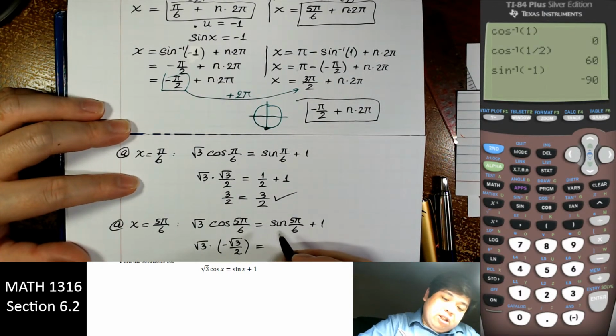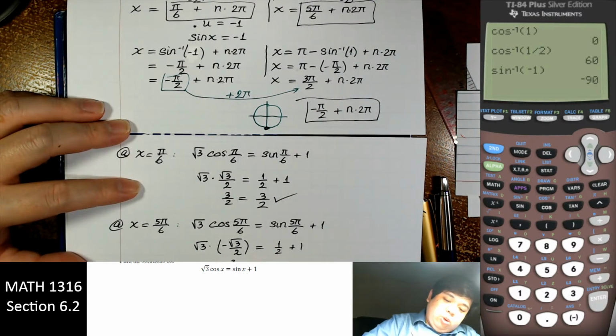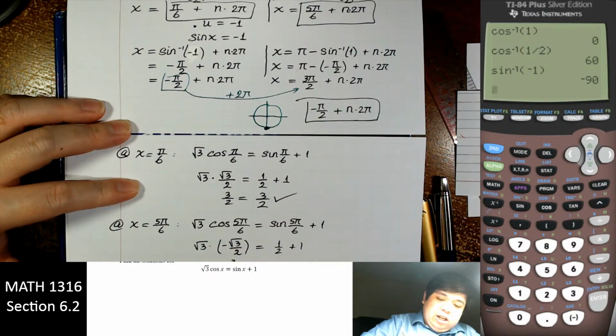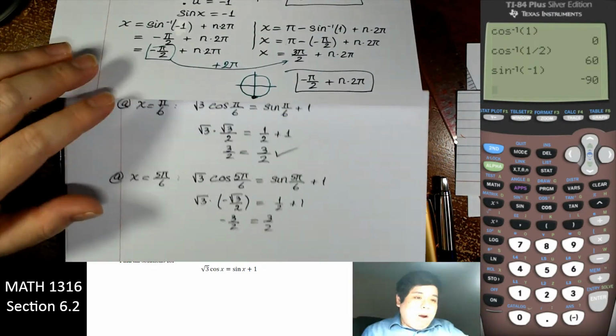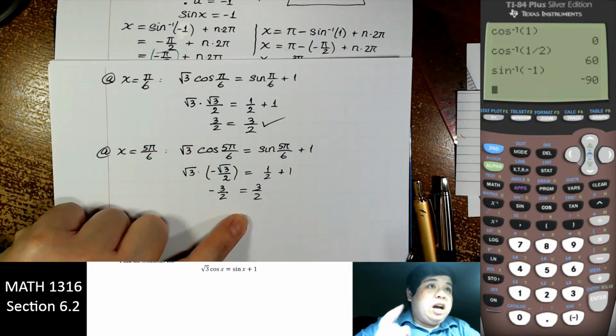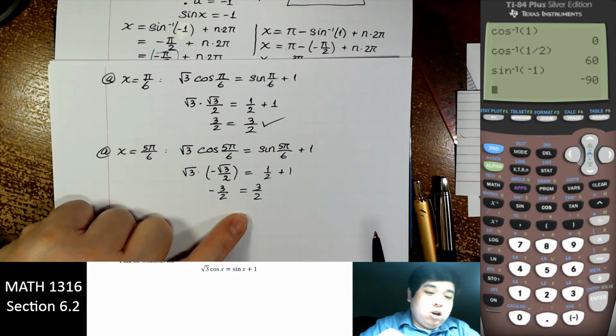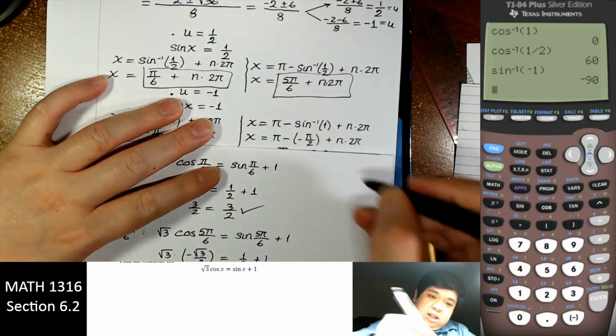And sine 5 pi over 6 is 1/2. So one side is negative 3/2, and the other is 3/2. One positive, one negative. When we square both sides, they're equal, but we do not have to square both sides. So that is not a solution.